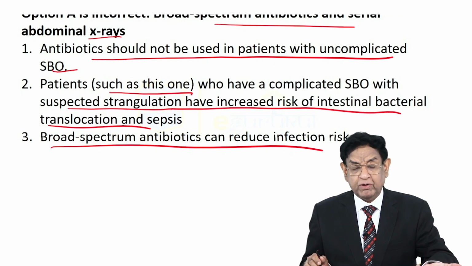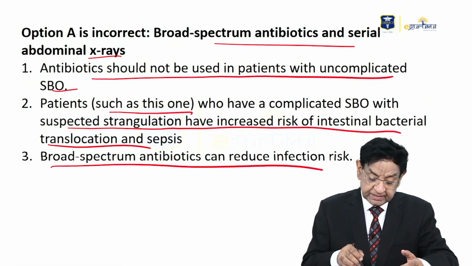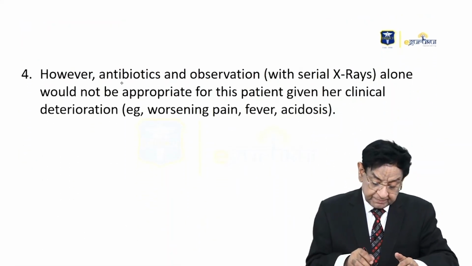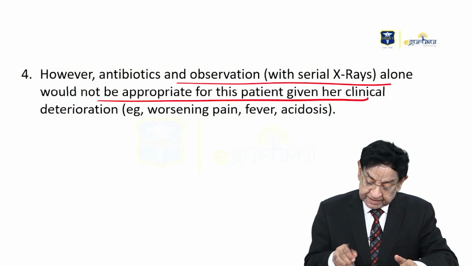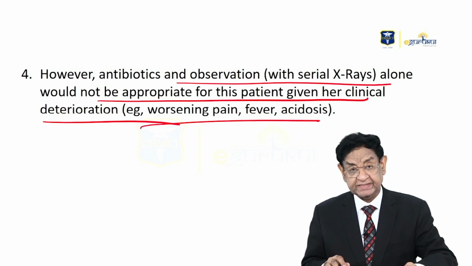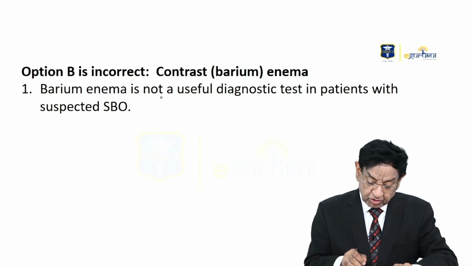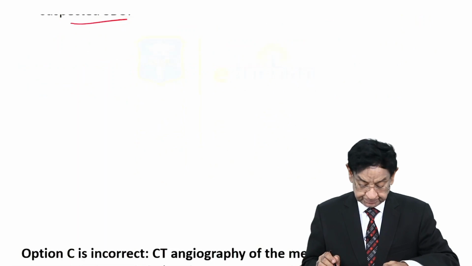You have to operate to save the intestine. This is not going to save the intestine. So antibiotics and observation with serial X-ray alone would not be appropriate for this patient given the clinical deterioration, worsening pain, fever, acidosis. What about contrast enema? It is not useful at all in any suspected case of SBO.